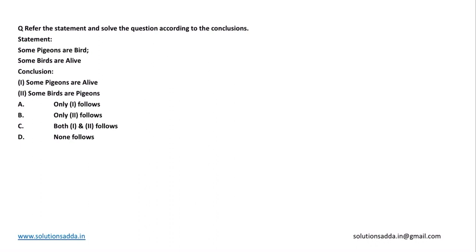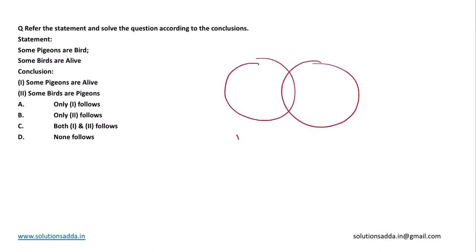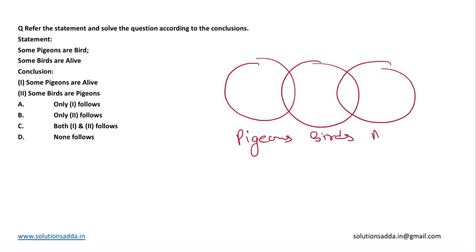Let us try to draw the Venn diagram for this. Some pigeons are birds. Some birds are alive.